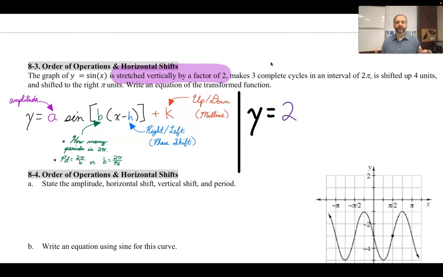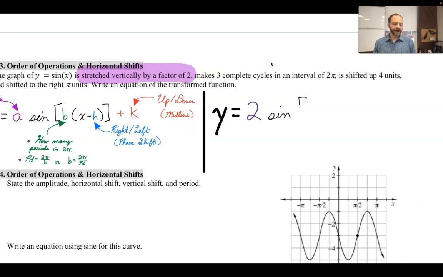It does say it is a sine graph, so I'm going to write down sine. I'm going to do my bracket, and I'm going to fill in the rest. I know it's going to be either x minus or x plus, but the general form is x minus. I'm going to close the bracket, and I know I'm going to have a plus k out there. I'm just going to leave it alone.